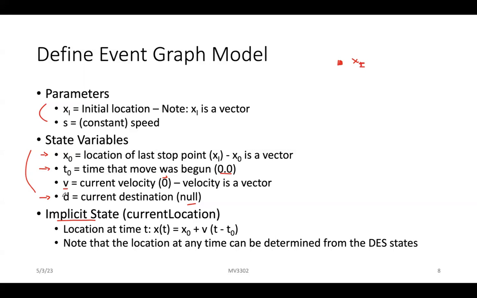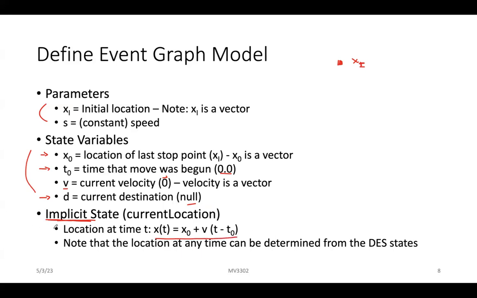And that is an implicit or derived state. In that particular case, L was also a discrete event state. But in this case, we can define an implicit state which is not a discrete event state, and that's our location.